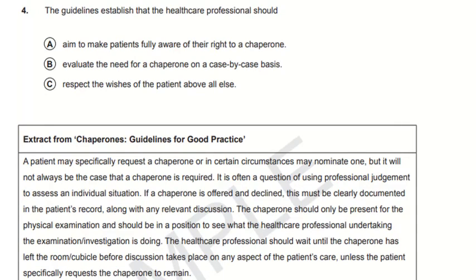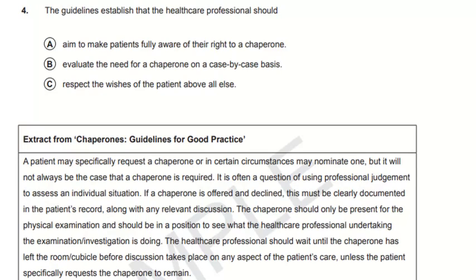The healthcare professional should wait until the chaperone has left the room or cubicle before discussion takes place on any aspect of the patient's care, unless the patient specifically requests the chaperone to remain. So, the question here is, the guidelines establish that the healthcare professional should, and we should complete the sentence with one of these three options.